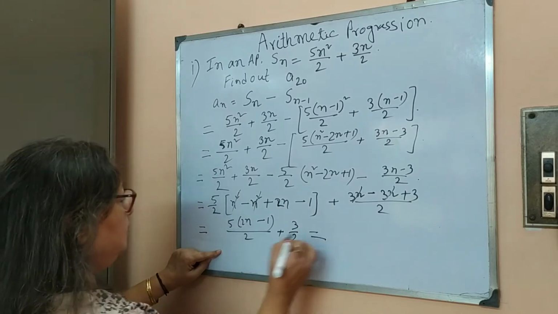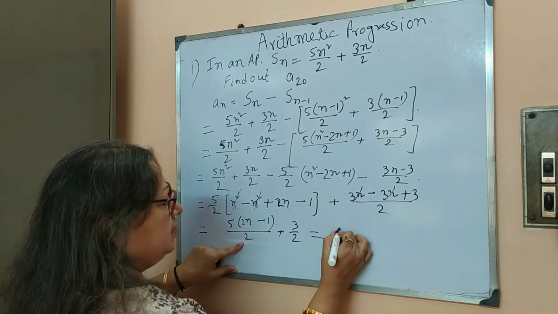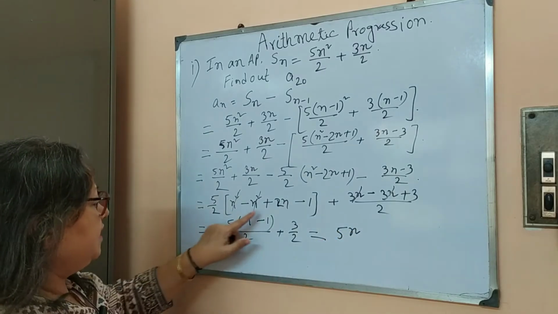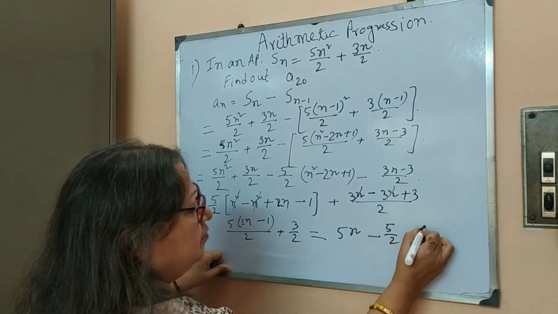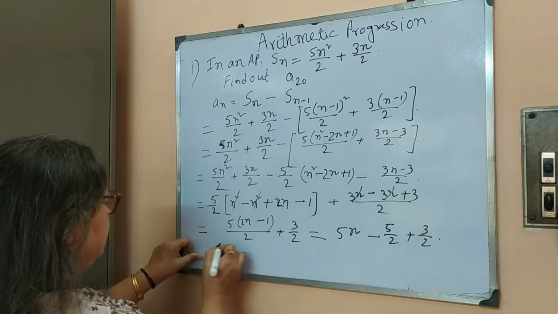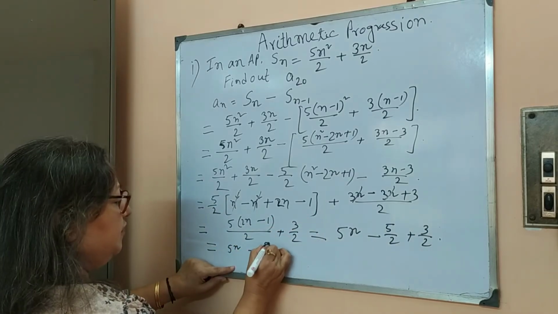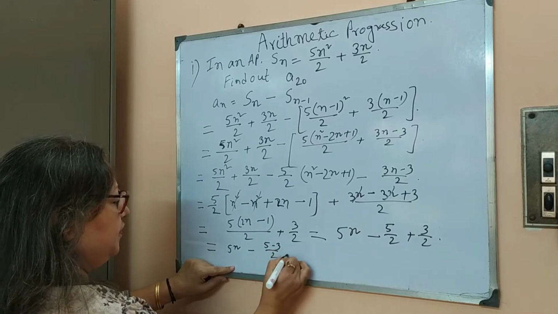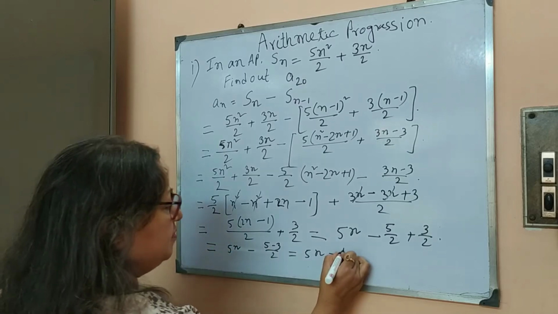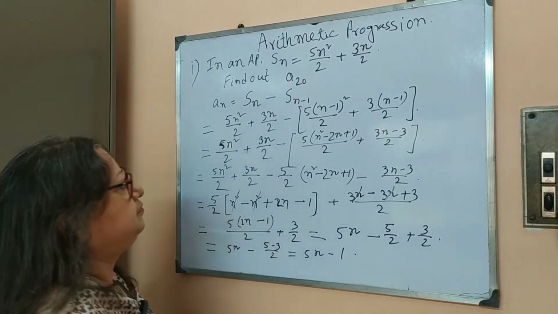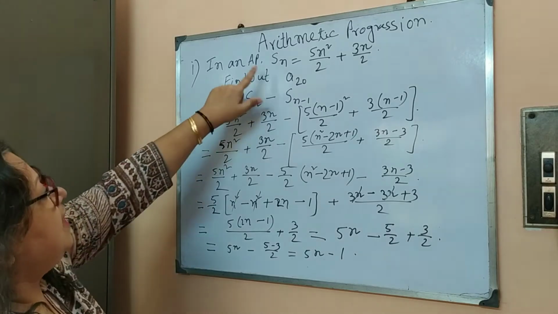This is equal to 5 into 2n by 2 means 5n minus 5 by 2 plus 3 by 2. This is equal to 5n minus 5 minus 3 by 2, that is equal to 5n minus 2 by 2, that is minus 1. Okay. Then we have to find out A20.